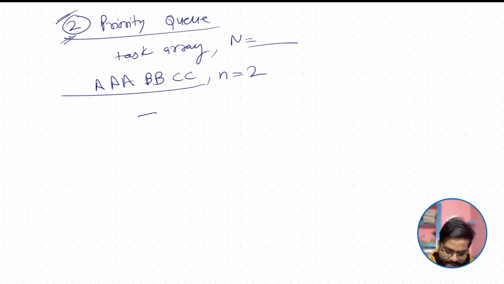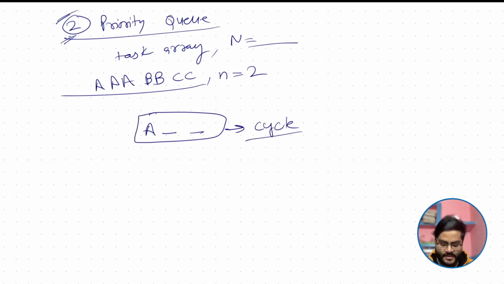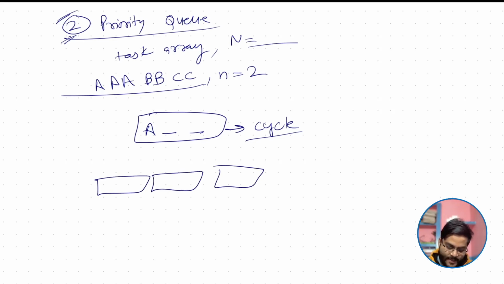What can be one cycle? If I take A here, and n is 2, consider this as one cycle. Because we'll keep breaking the problem, we'll keep breaking the task, and we will keep performing the alternate task.